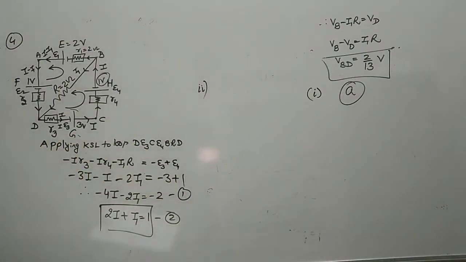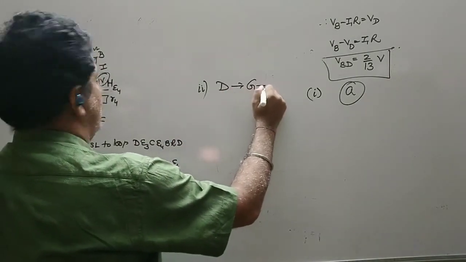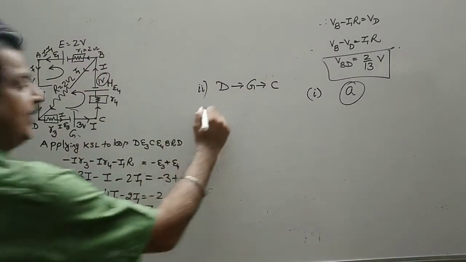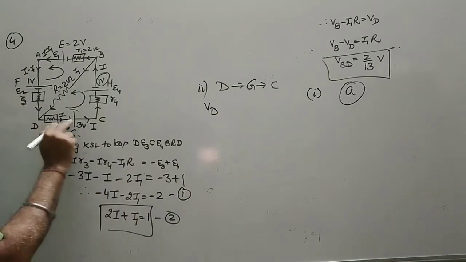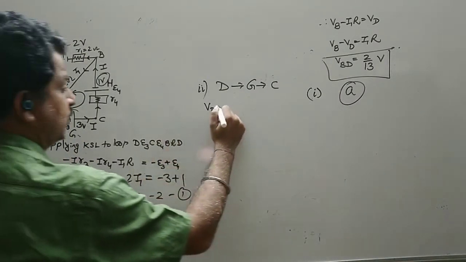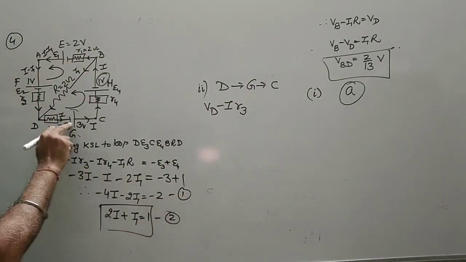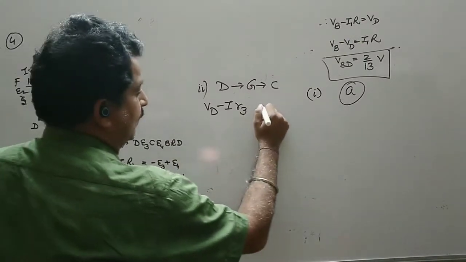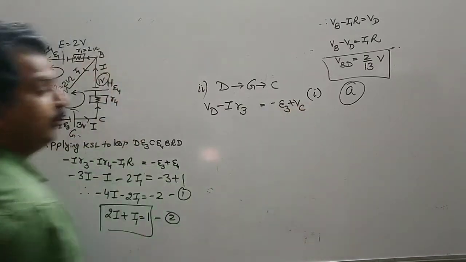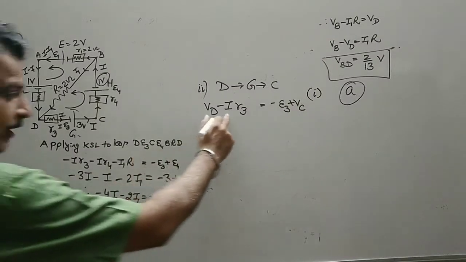So I can again apply the Kirchhoff law from point D, then cell G, and then point C. I start with D, so VD. I am moving in the direction of the current, so it becomes minus IR3. Then we come across this negative terminal, that is minus E3, and we stop at point C. Here you need the I value also.